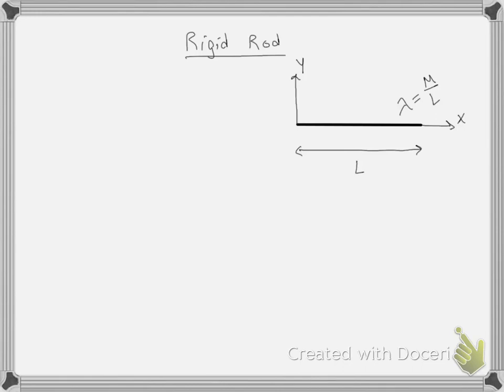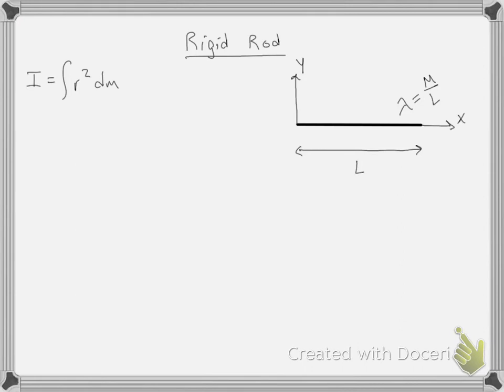Okay, so we want to calculate this moment of inertia expression from the leftmost edge of this rigid rod. So I've written the axes like such. Okay, so the moment of inertia can be written like this in the general most case, right?